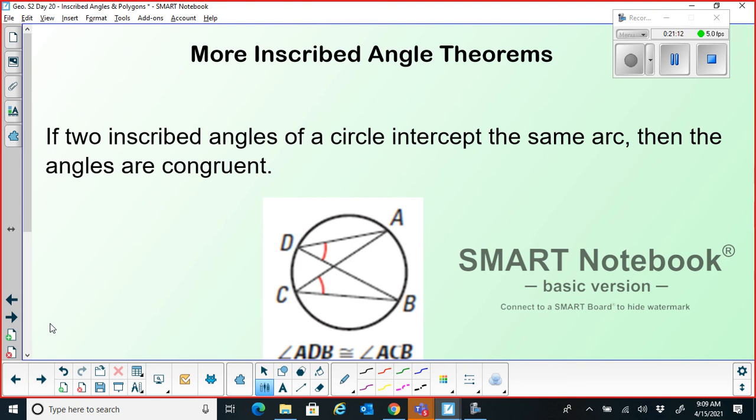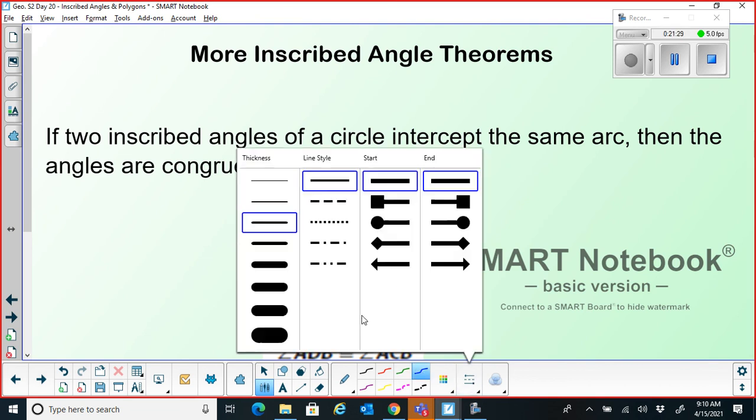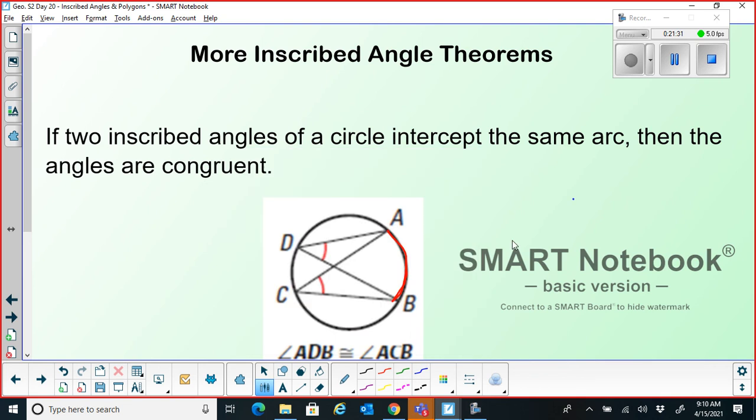Observe here. This is our intercepted arc. Arc AB is the intercepted arc for AD and DB, and let me draw this so that you can observe.